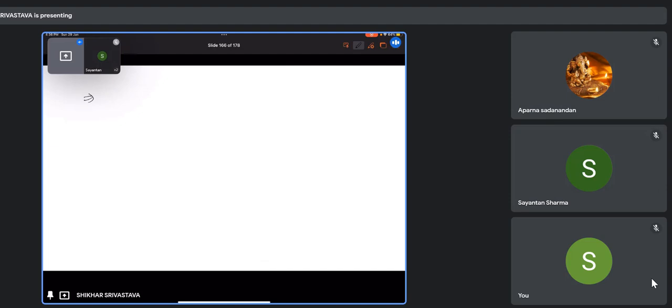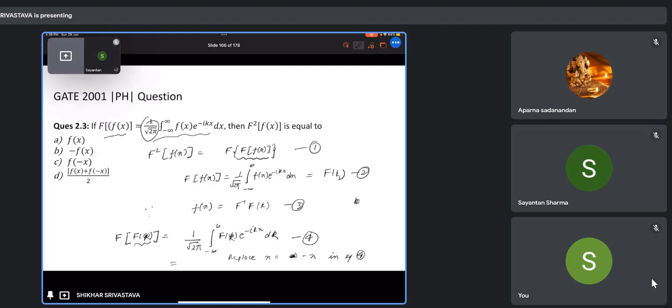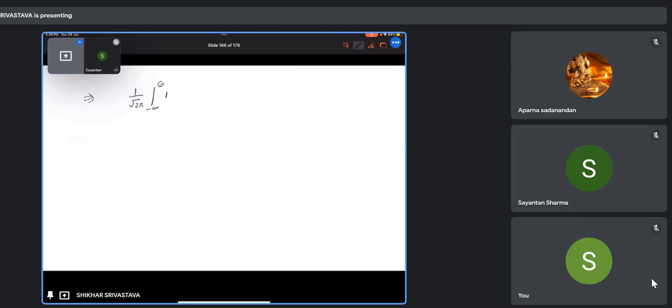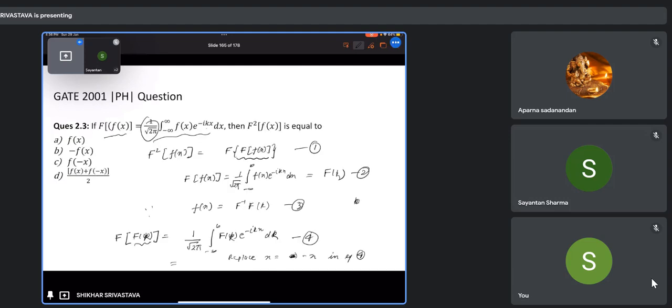So you'll get something like 1 upon root 2 pi, f of k exponential i kx dk. Just replace x with minus x. And this is what?